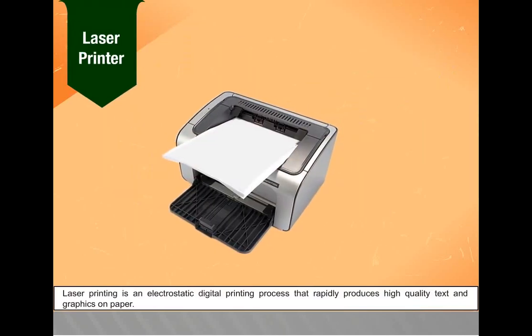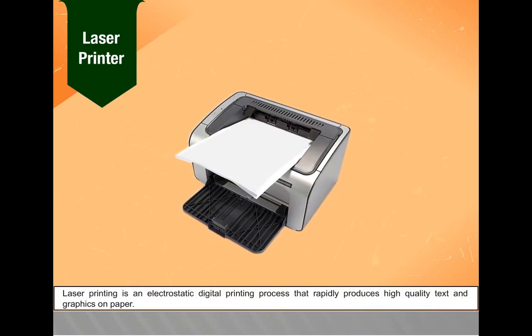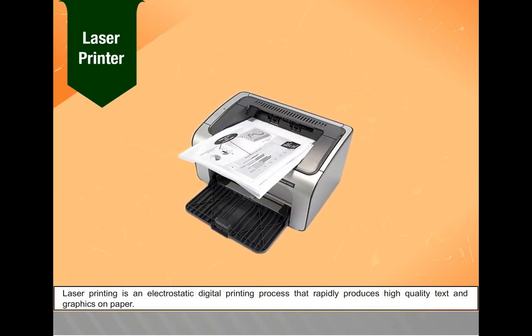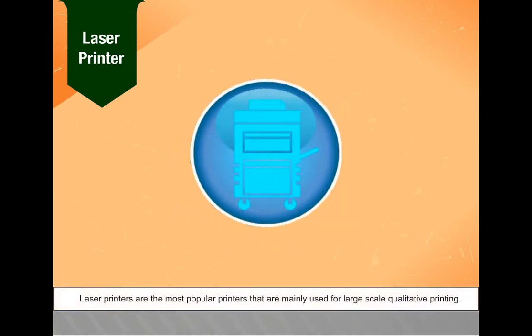Laser printer. Laser printing is an electrostatic digital printing process that rapidly produces high-quality text and graphics on the paper. Laser printers are the most popular printers that are mainly used for large-scale qualitative printing.